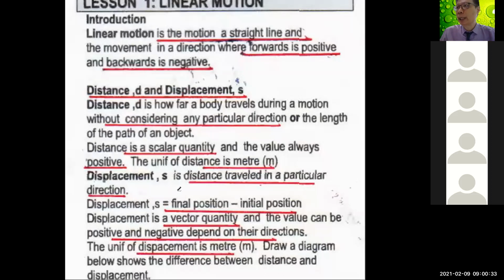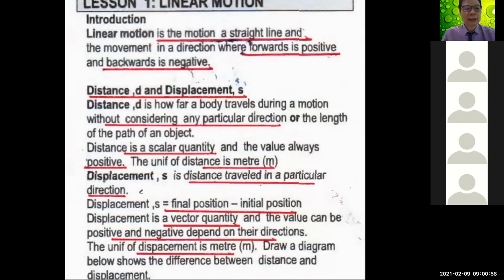To get displacement, you take 2 points only: the initial point and the final point, or the starting point and the ending point. You draw a straight line between the starting point and the ending point. That's all. You take the distance directly from the starting point to the ending point. You don't take corners, because it must have a certain direction.